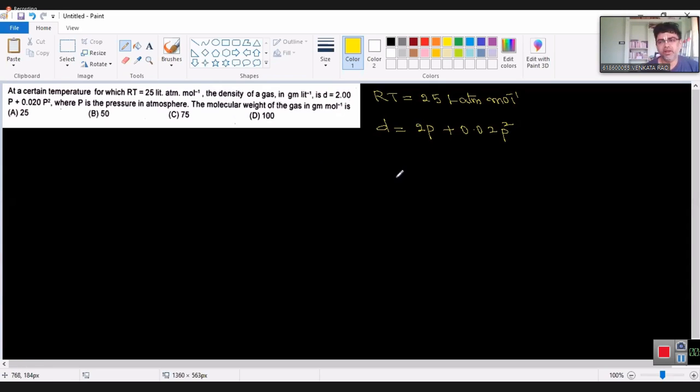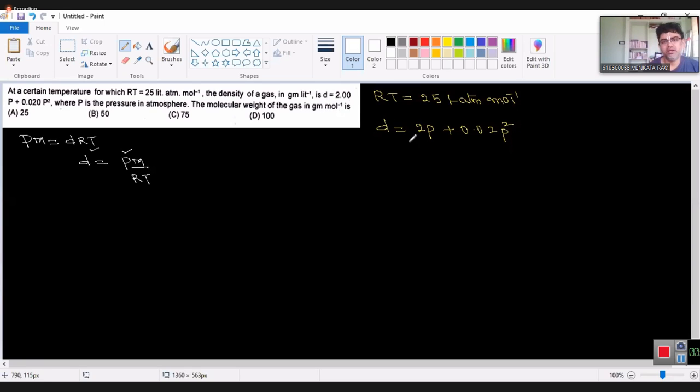If the gas were ideal, what is the relation between pressure, molar mass and density? PM is equal to dRT, or you can write d is equal to PM by RT. So here density and pressure are directly proportional.